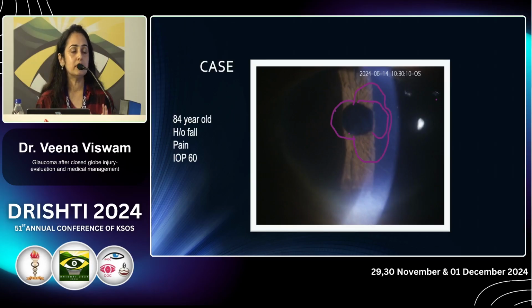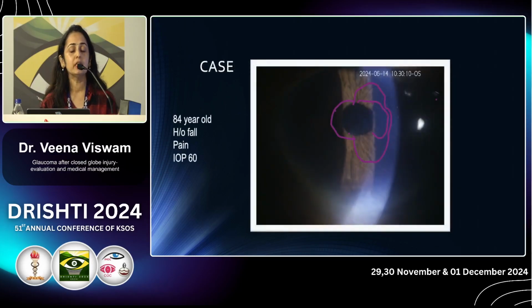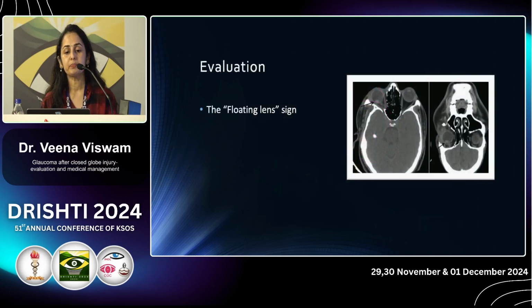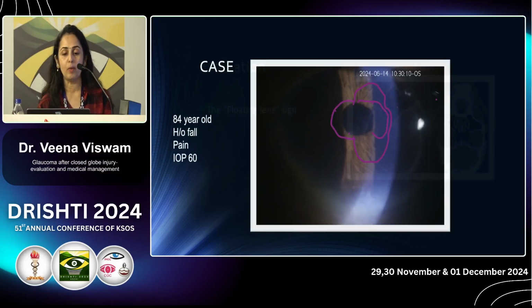So the patient had severe pain and pupillary block, and the pressure was 60. This was because the posteriorly dislocated lens had come forward when she was in her sitting position. The lens came forward and blocked the pupil, and when the vitreous also came into the anterior chamber, the pupillary block was there. In this patient, we did a PI, and her intraocular pressure came back to normal.